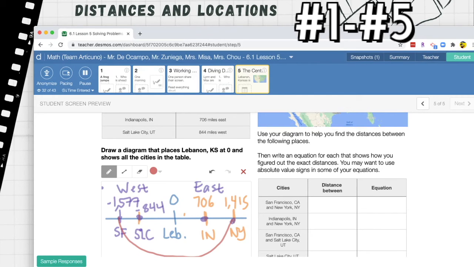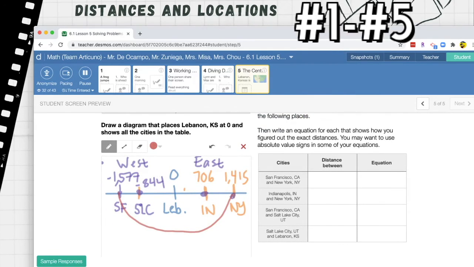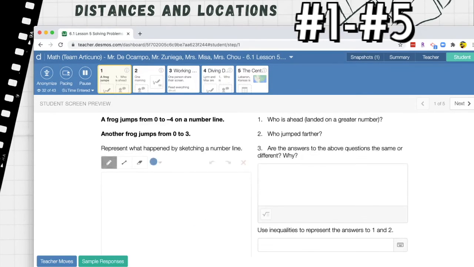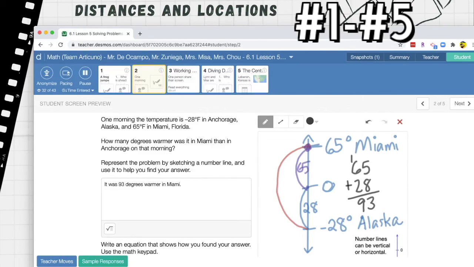How do we figure this out? This problem reminds me of earlier problems that we did. In fact, it's reminding me of problem number 2.